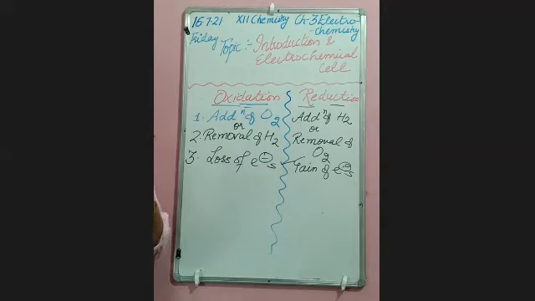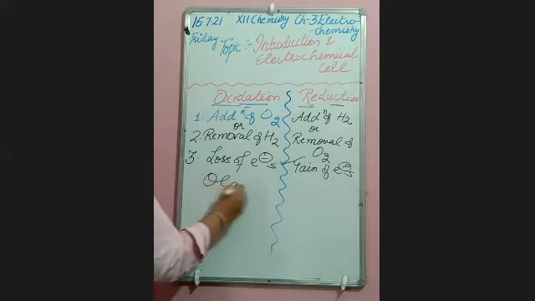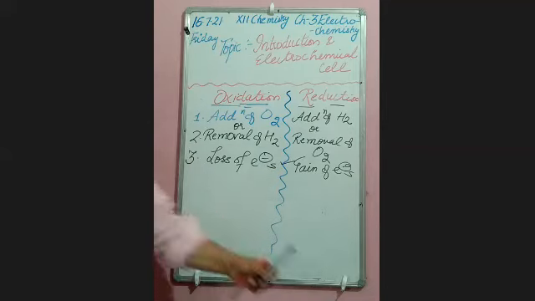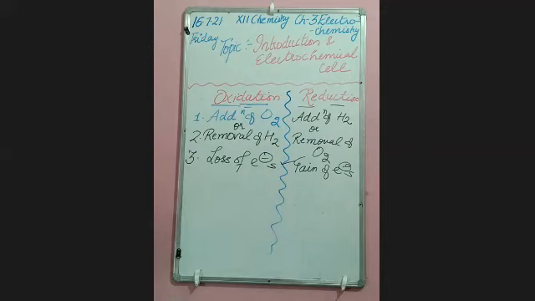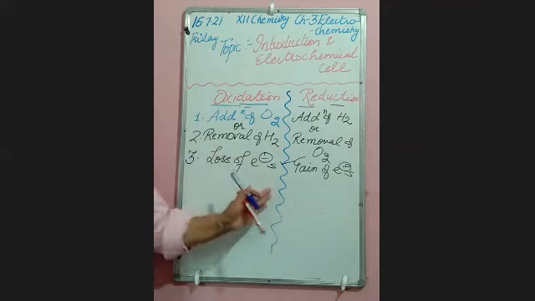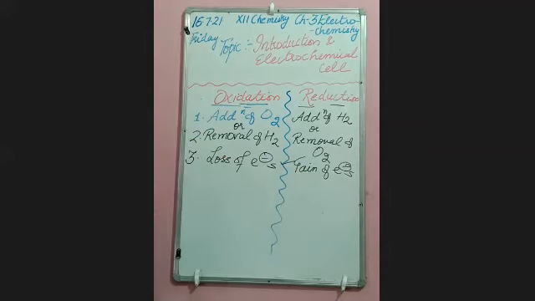How will you remember? Remember by the word OLA. OLA means oxidation is loss of electrons. Because, my dear students, you will definitely get confused whether oxidation is loss of electrons or gain of electrons. So by remembering the word OLA, oxidation is loss of electrons and reduction is gain of electrons.